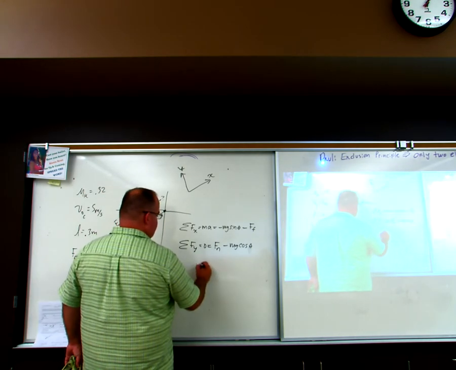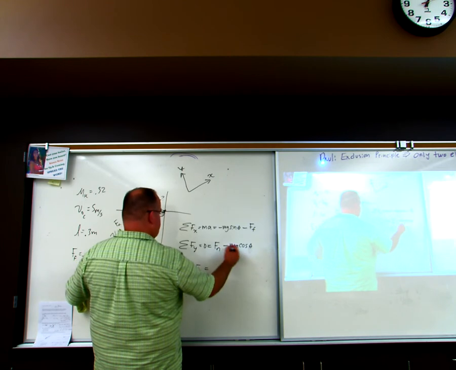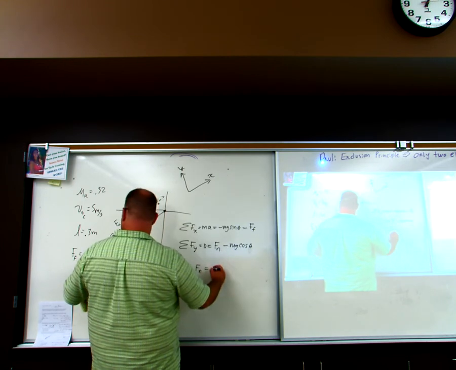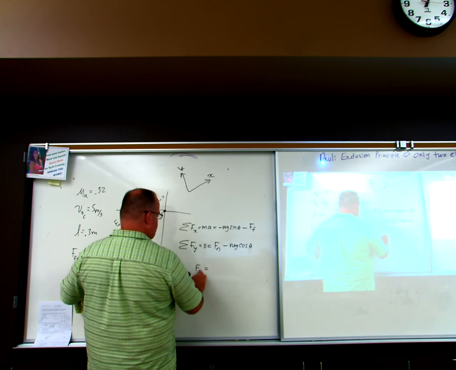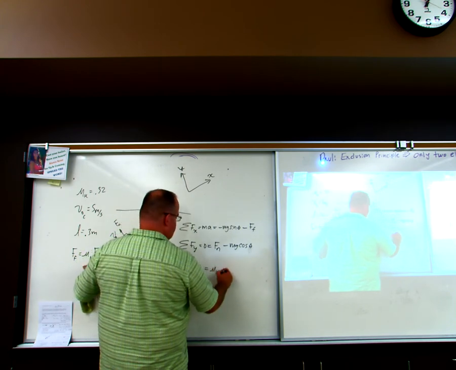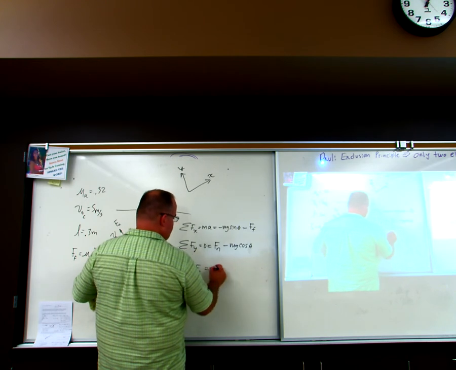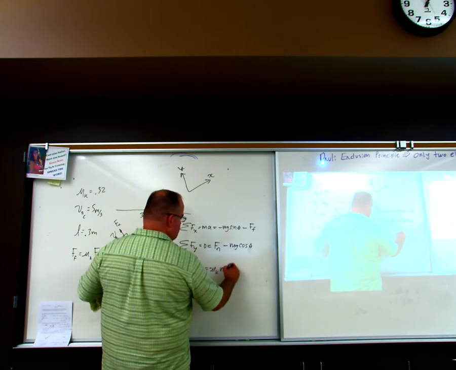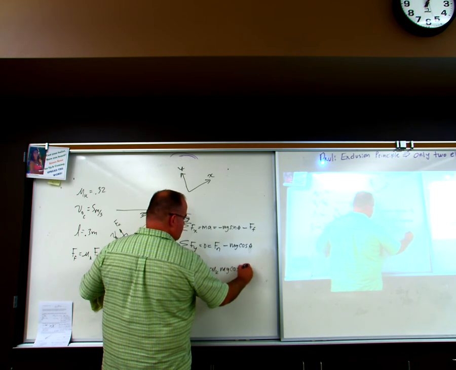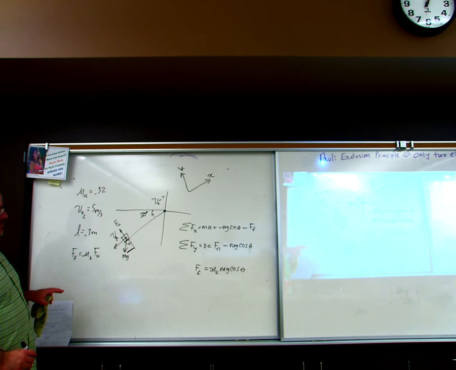So the force of friction equals mu sub k times mg cosine theta. Any questions on how I got that?